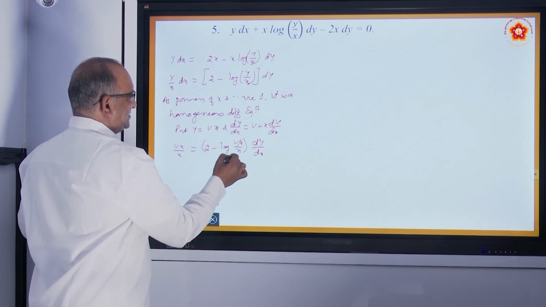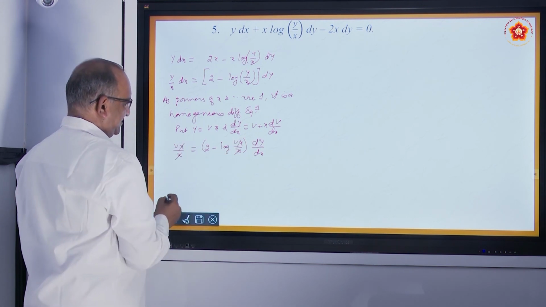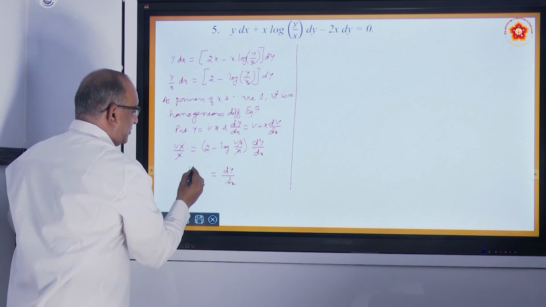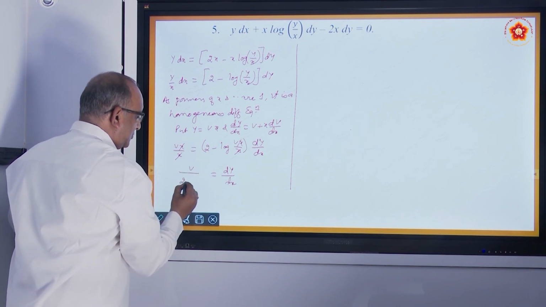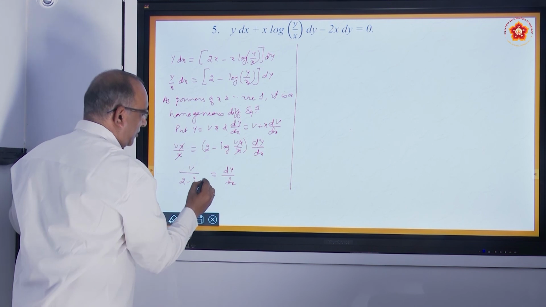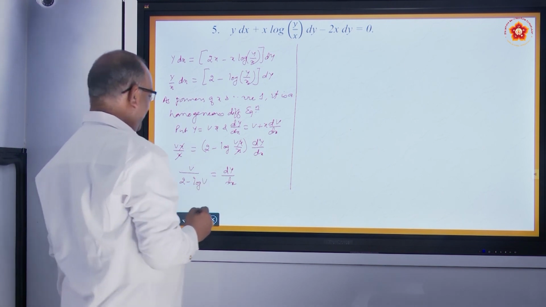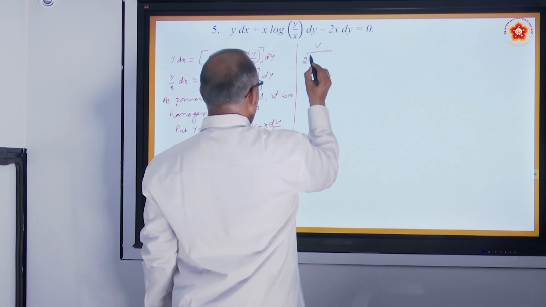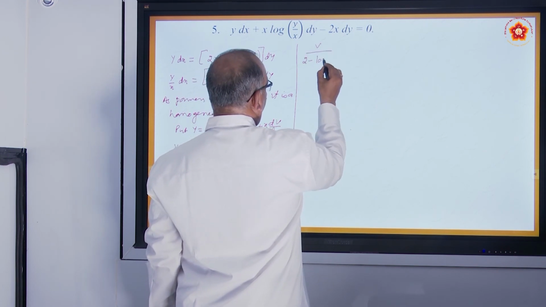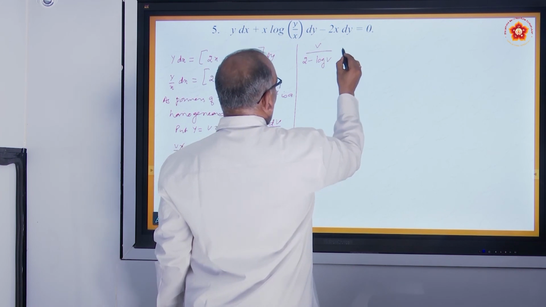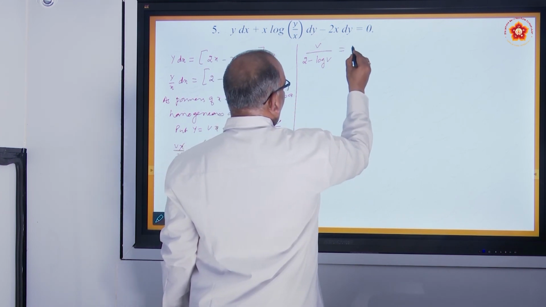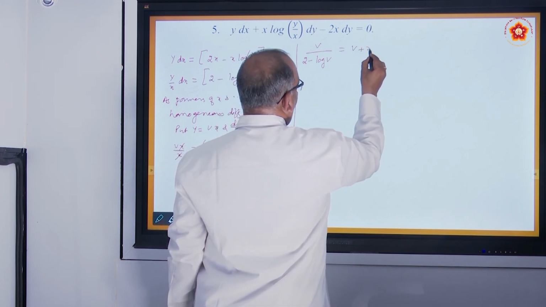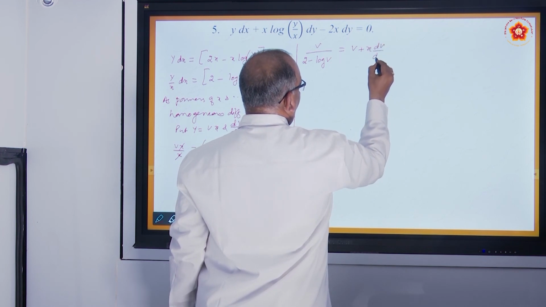Simplify means cancel this x, v upon 2 minus log v. Okay. So, v upon 2 minus log v equal to, substitute dy by dx as v plus x dv by dx.